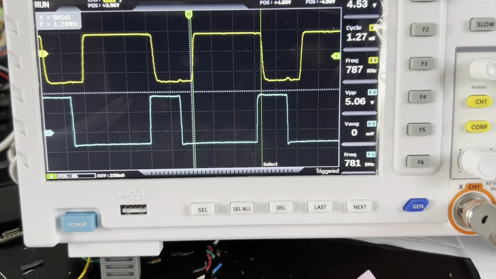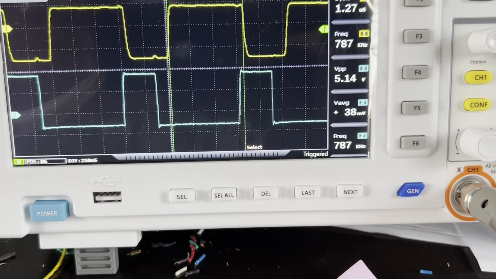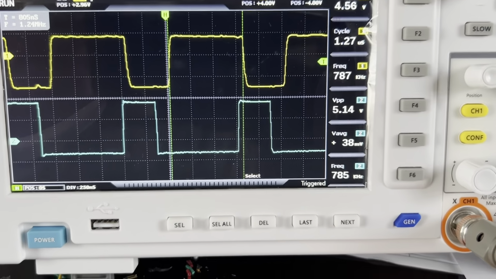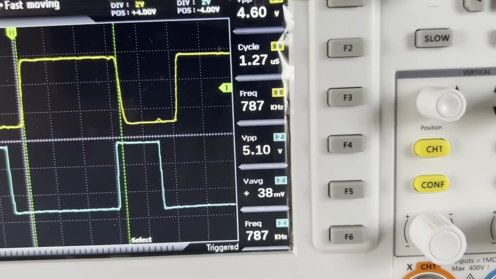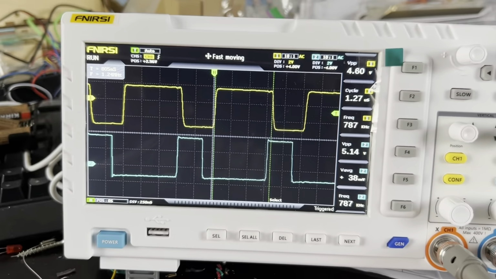And the low pulse is about 1.5 divisions, about 400 nanoseconds. The clock is running at 787 kilohertz at the moment, and it's adjustable.